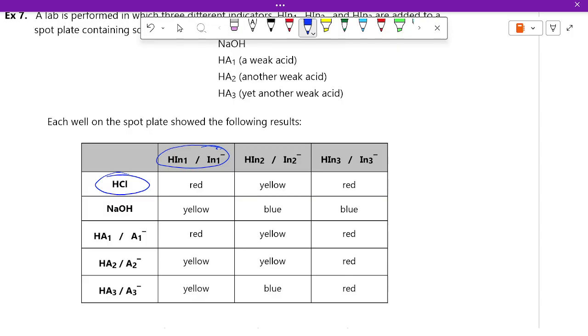Then you put indicator 1 with some NaOH, and what color does the indicator turn? Yellow. So what does that tell you about the acid form of the indicator? That tells you that HIn is red. And it also tells you that In minus is yellow.